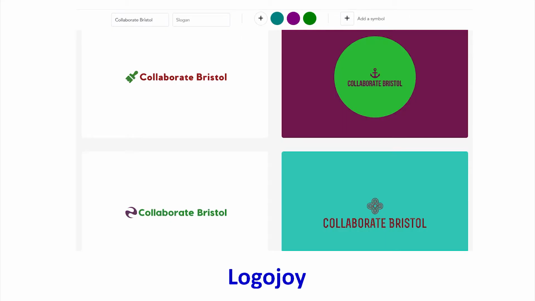But there are some websites like LogoJoy that can generate logo ideas for you based on various input that you give them.